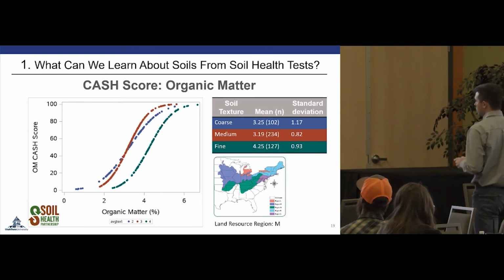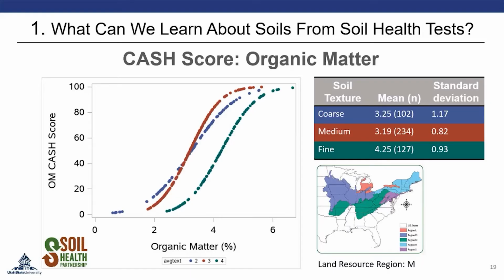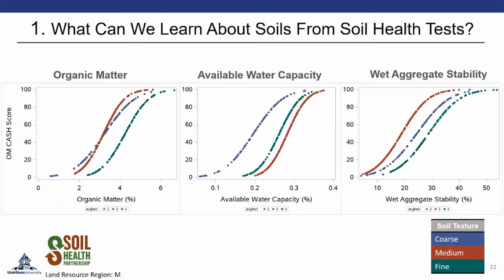So it's interesting to look, and I'll just skip ahead here, to show in summary how the soil texture is affecting the soil health score overall. Because the average soil organic matter or water holding capacity or wet aggregate stability is changing with the soil texture. And if we were to put these same graphs up here by region, we would see that same thing, that these soil health scores are going to change by region and by soil texture.